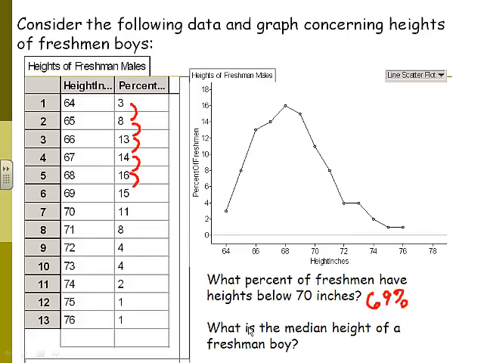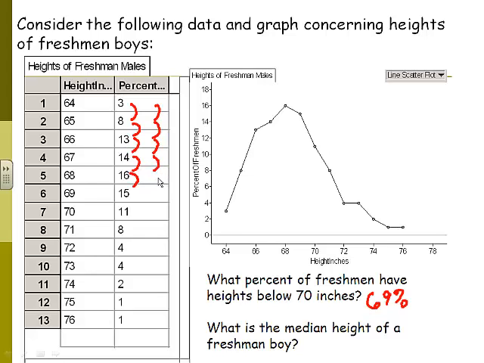The second question is, what's the median height? Well, the median is the middle. Since this adds up to 100%, these are all the boys that were measured, so the median height would be at the 50%. We know that up to 69 inches was 69%, so we're going to keep adding until we get to 50%. So 3 and 8 is 11, plus 13 is 24, plus 14 is 38, plus 16 is 54.